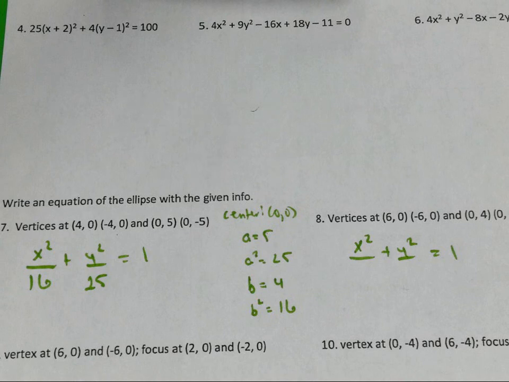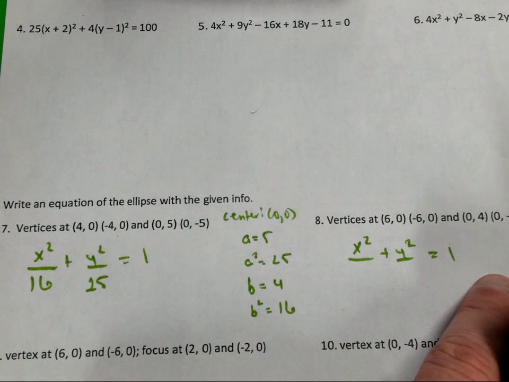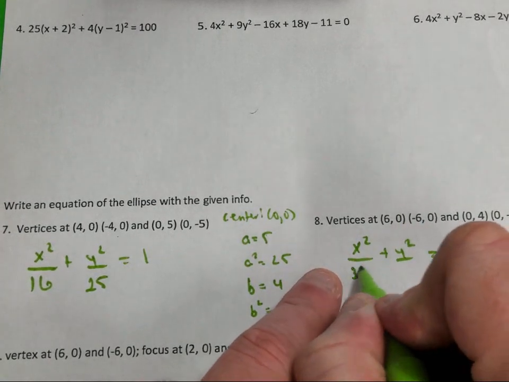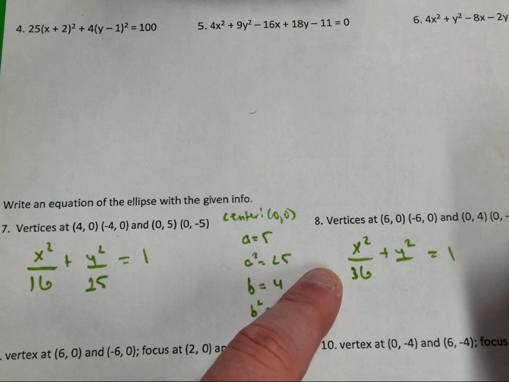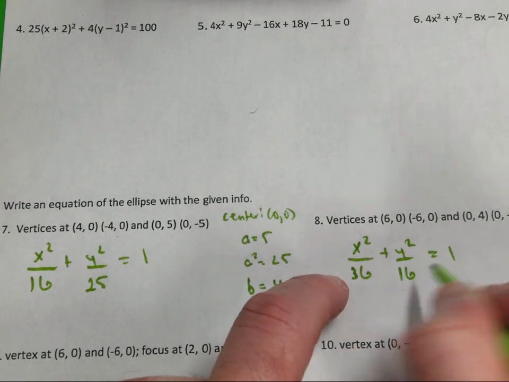So the major axis would be horizontal. Does that make sense? Okay, so what would be my a value? A is equal to what? 6. A squared is equal to, since it's horizontal, I'm going to put 36 under x squared. If you need to write that word out so you can see, go for it. b is equal to 4, so b squared is equal to 16.